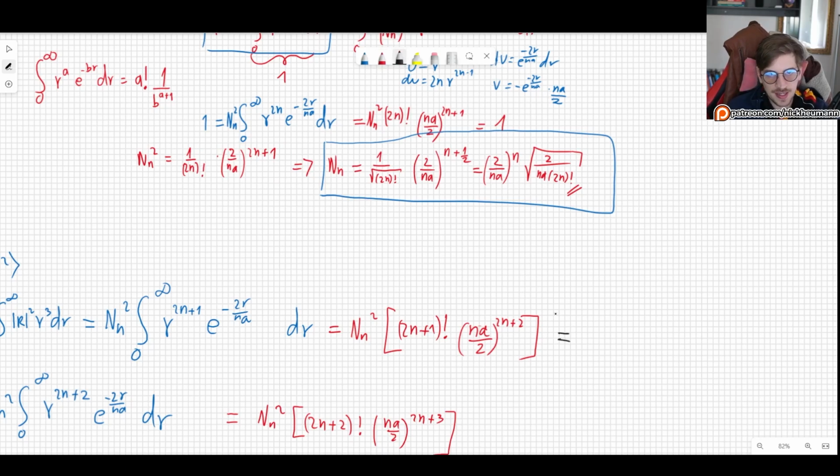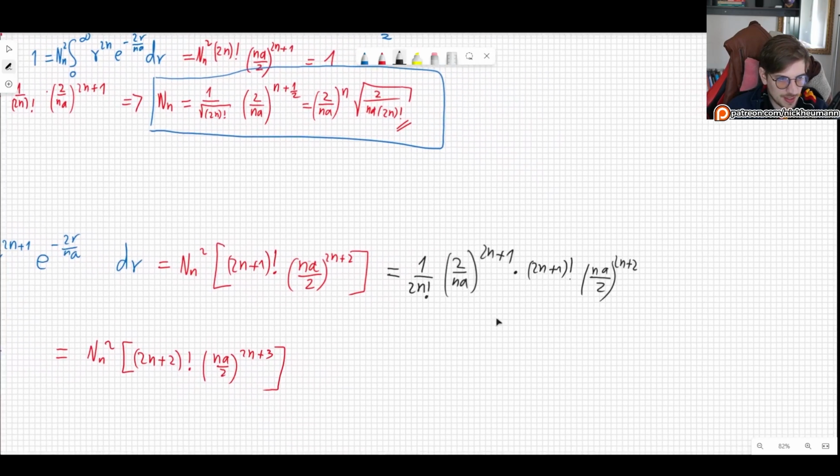So for the expectation value of r, we plug it in, and we have 1 over 2n factorial. And then we have 2 over na to the 2n plus 1. And now we multiply by this. So we multiply by 2n plus 1 factorial, na over 2, 2n plus 2.